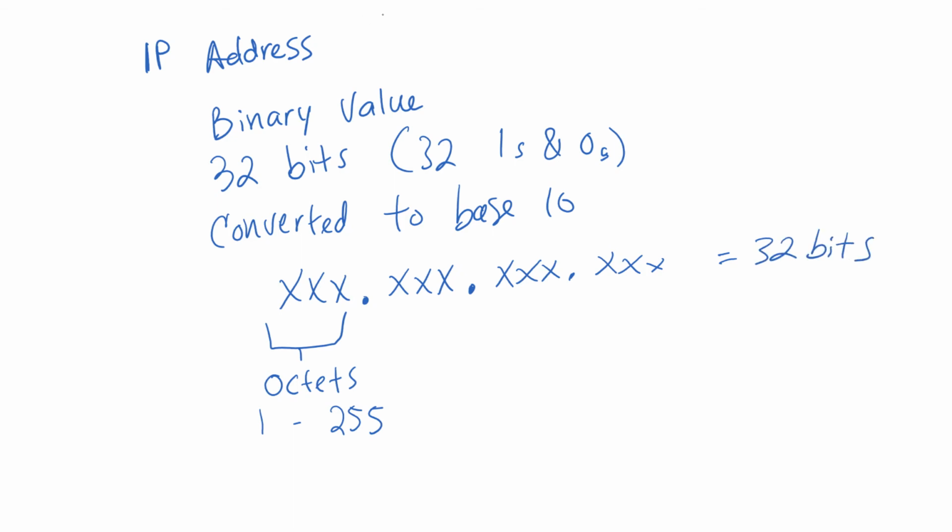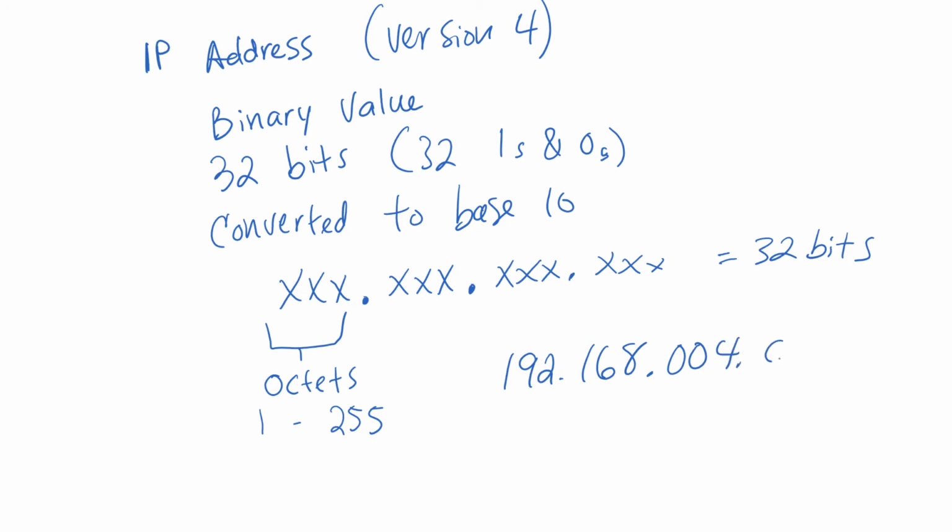And I should say we're talking about version 4 here, which is still the most widely used IP address version. So an IP address at your home might look like this: 192.168.004.001. Sometimes the zeros are not there.